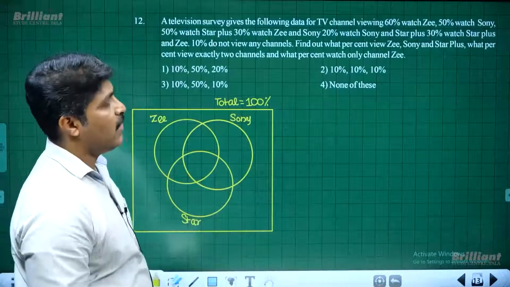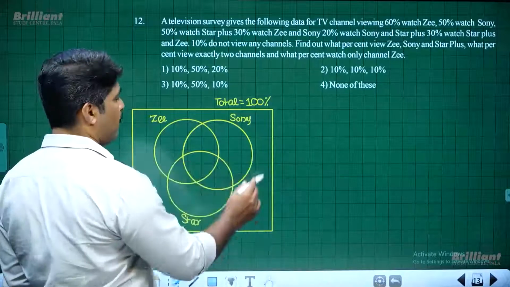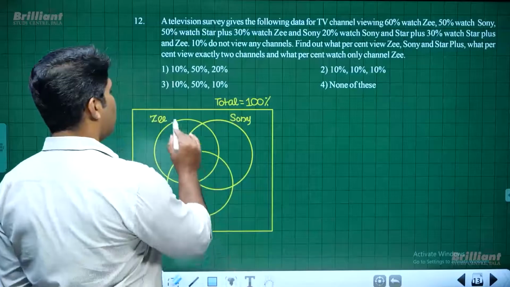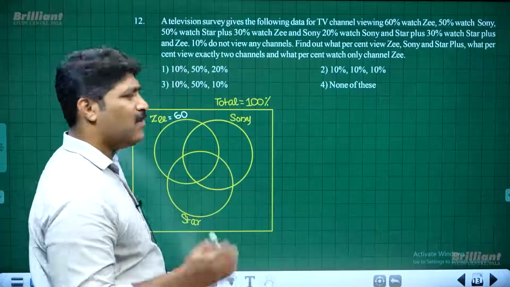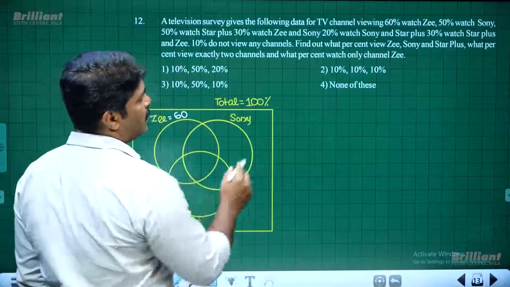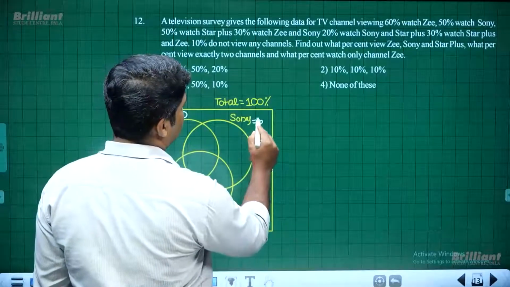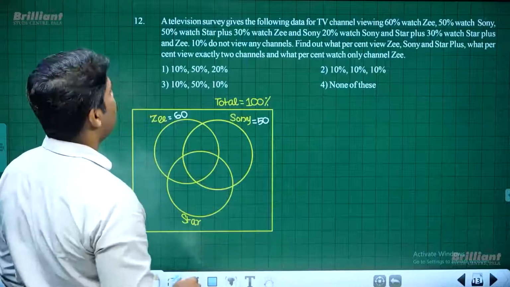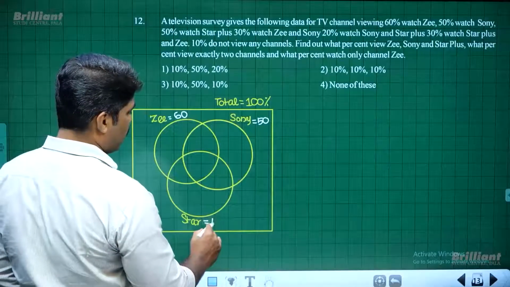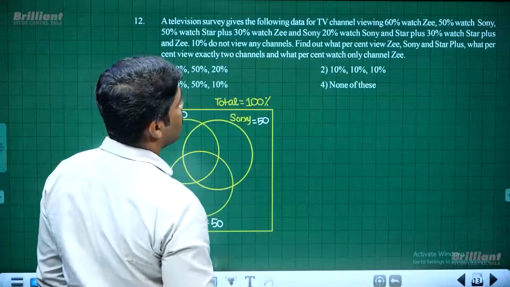These are the three channels, and we have to insert the available data here. So here C is 60. You don't need to put the percent symbol, you just consider 60 students. 60% watch C, 50% Sony, and 50% watch Star Plus. So that is 50.